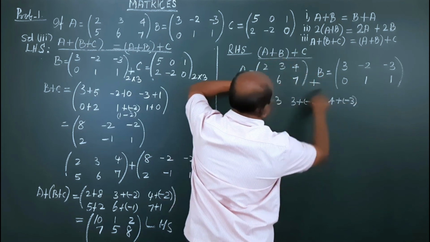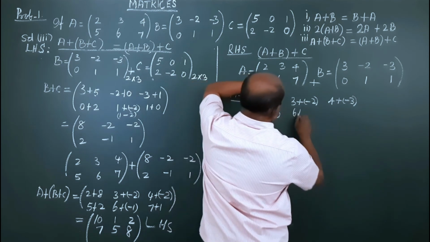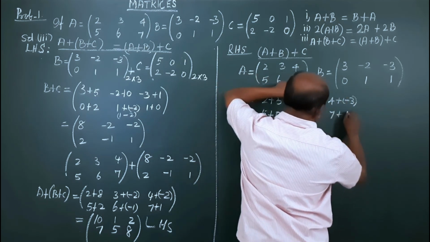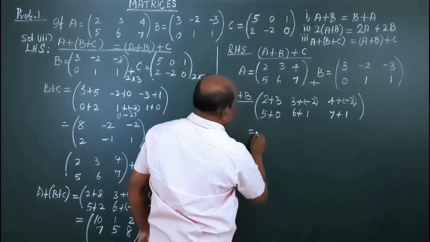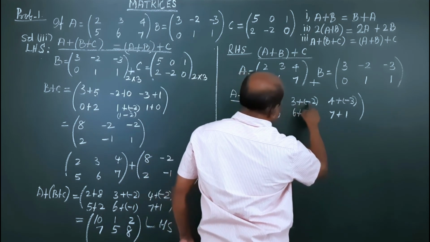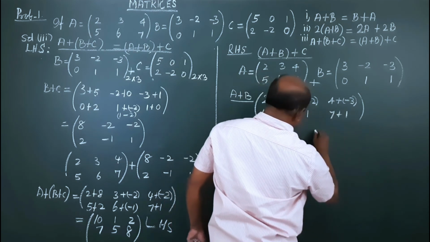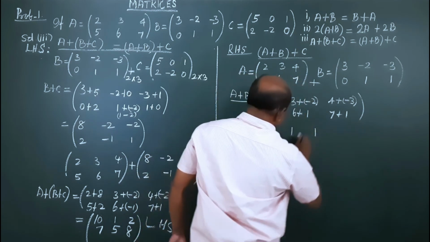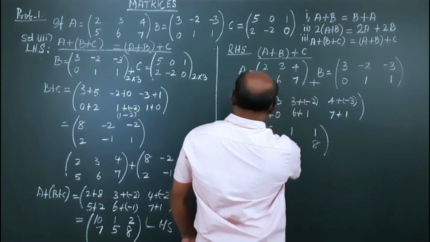Like that, 5 plus 0, 6 plus 1, 7 plus 1. That is equal to 2 plus 3, 5. 3 here plus into minus, minus 3 minus 2, 1. 4 minus 3, 1. 5 plus 0, 5. 7, 8. This is A plus B.